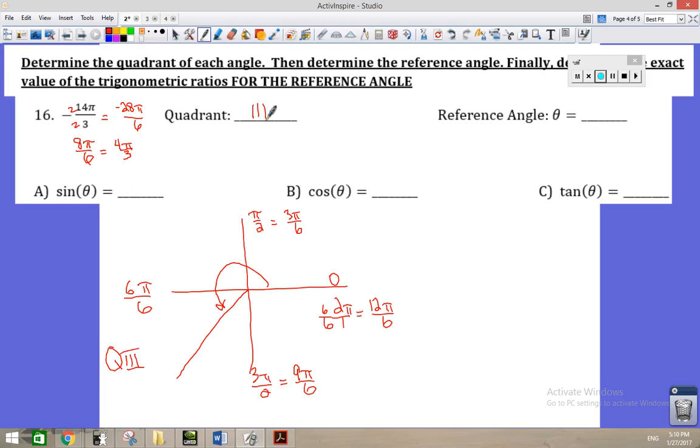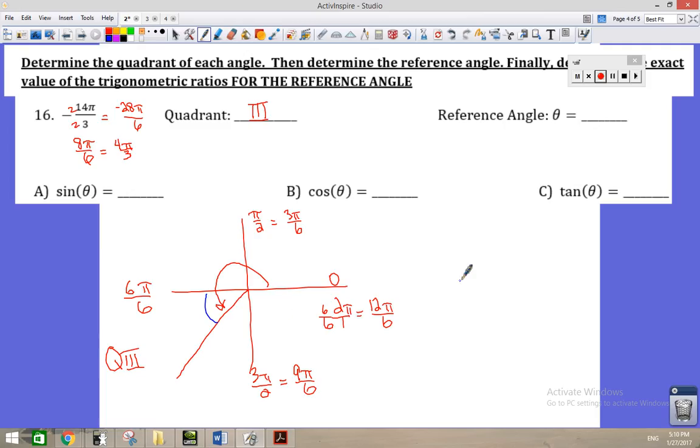But that is not the reference angle. That was the coterminal angle that helped me determine the quadrant. My reference angle is always an acute angle.